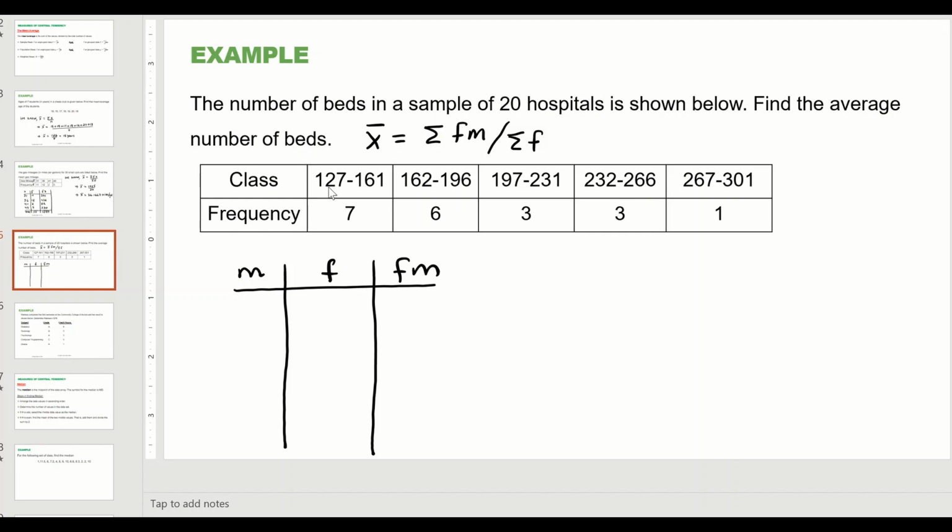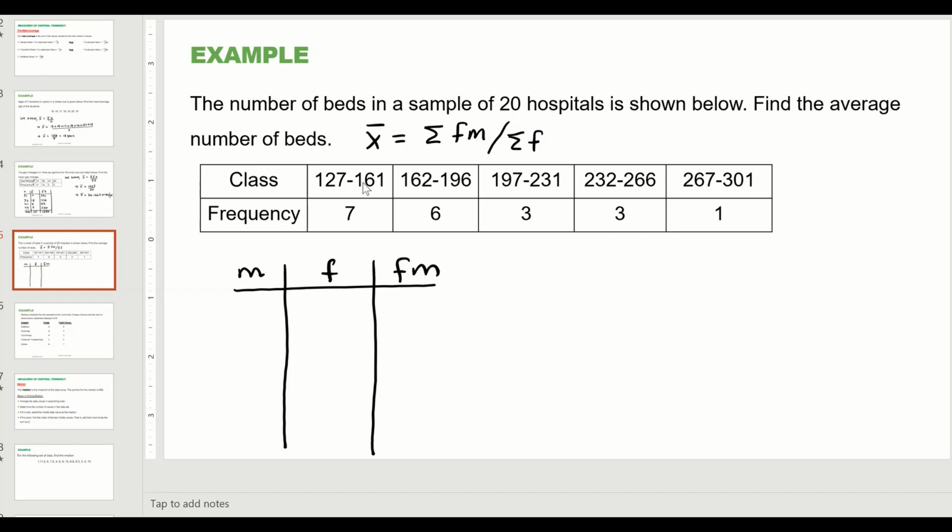The first class is 127 up to 161. So the midpoint of this class is 127 plus 161. So first we add those two values, 127 and 161.